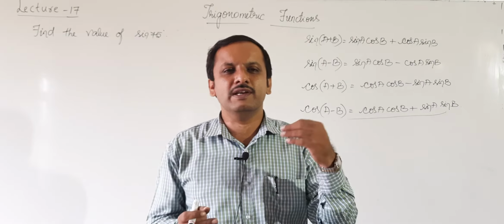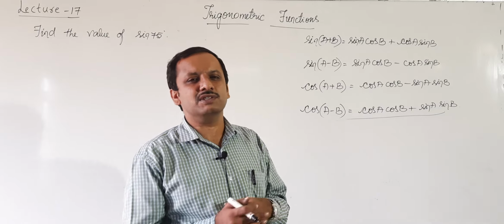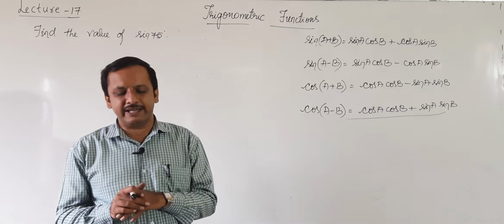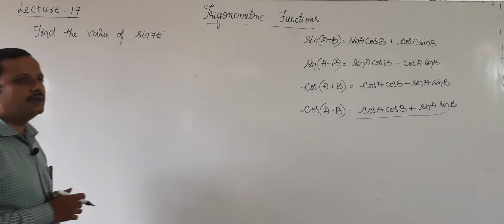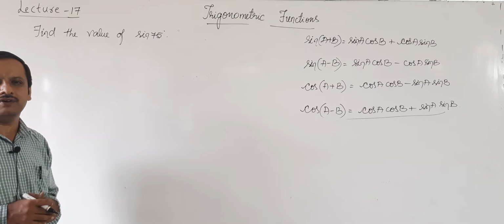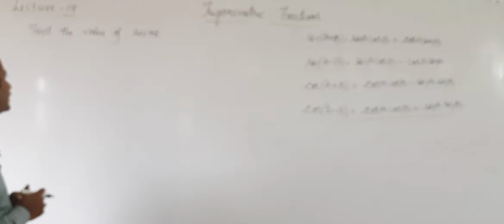We only know the trigonometric values of the standard angles. Now let us look at some more angles and see whether we can find those values with the help of any of these formulae.